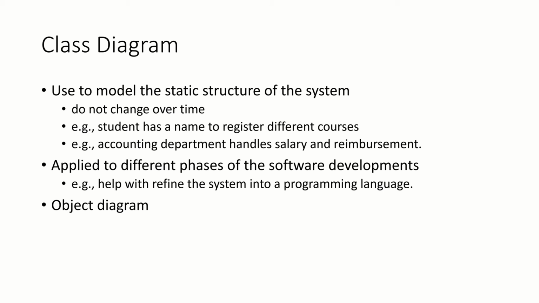Okay, so let's talk about class diagram. Class diagram is used to model a static structure of the system. So what is a static structure of a system? This means they do not change over time.